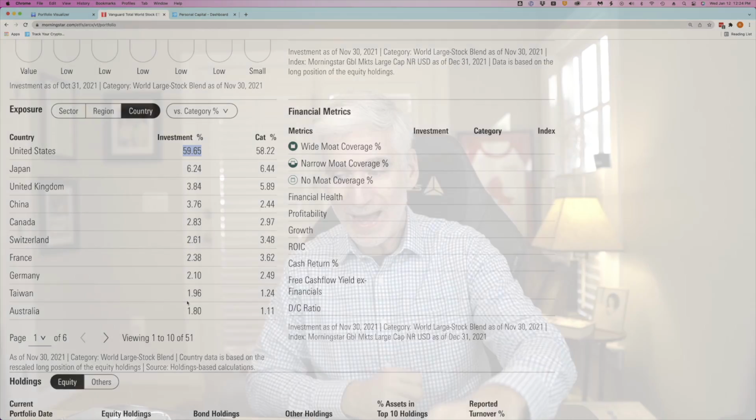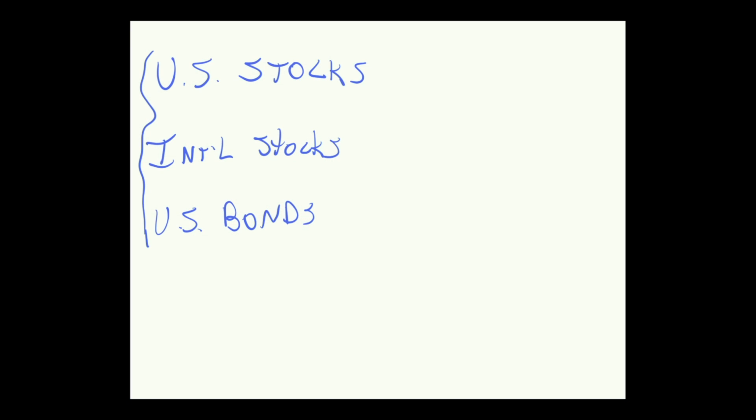So we see, again, 60% in the US and then the rest divided among a number of countries. So with that one fund, we could, if we want to, cover both the US stocks and the international stocks. So going back to my whiteboard here, we could say, you know what? We've already got 2 of the 3 done just with VT, and we're done.